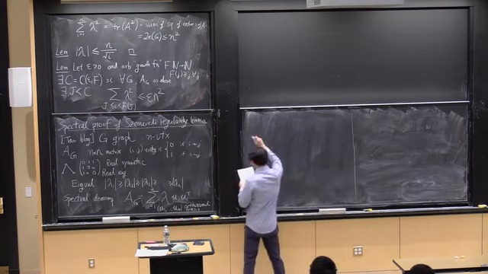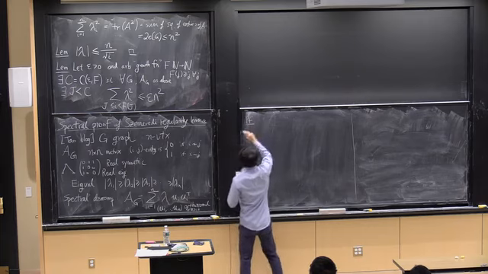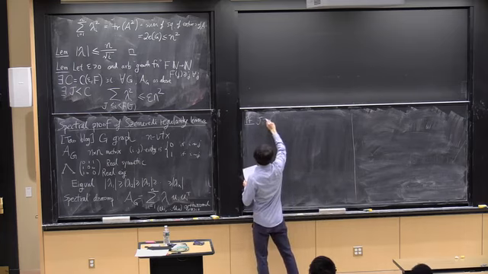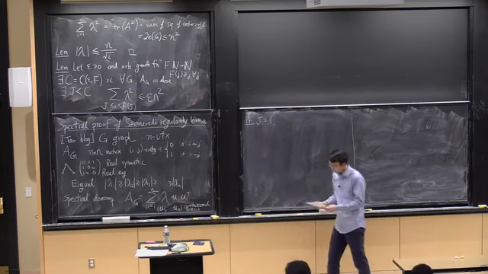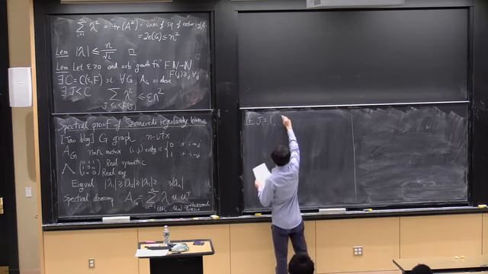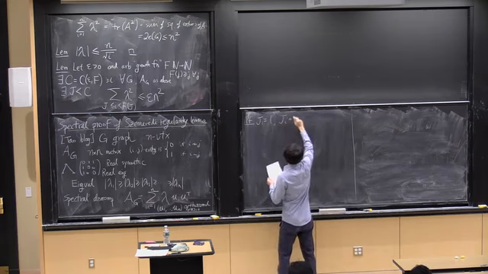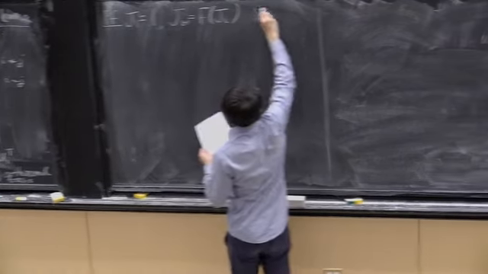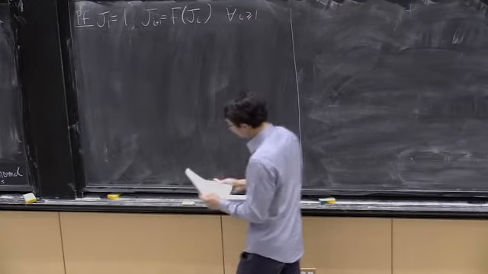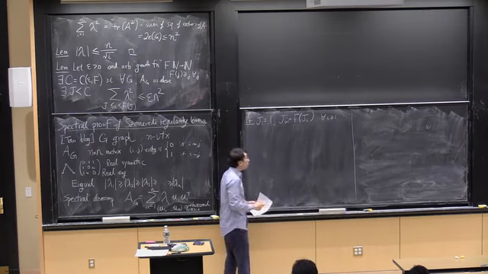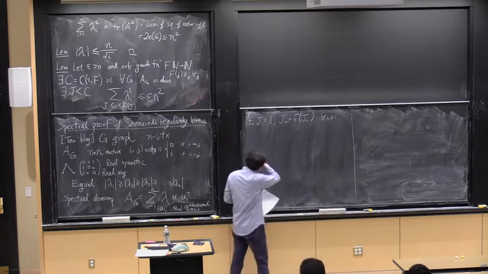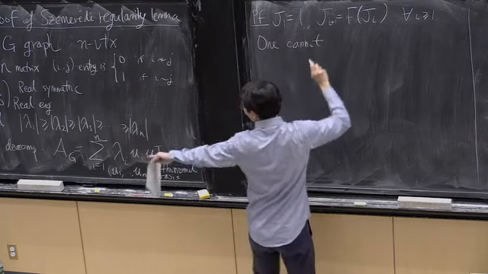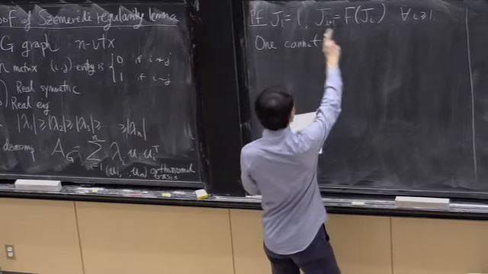Okay, so here's how you would prove it. You first let j1 equal to 1, and I obtain the subsequent j's by applying f to j. I claim that one cannot have this inequality violated for too many of these j_i's.